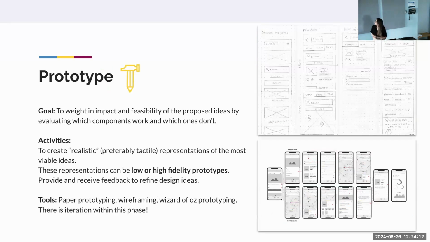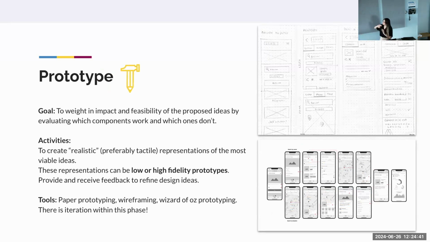Then we move on to prototyping. I hope you guys can see. And our goal here is to weigh in, at this point, reality matters. So we're weighing in the impact and the feasibility of the ideas, trying to take the parts that work and discard the parts that don't. And some of the activities that we're undertaking here is we are creating prototypes.